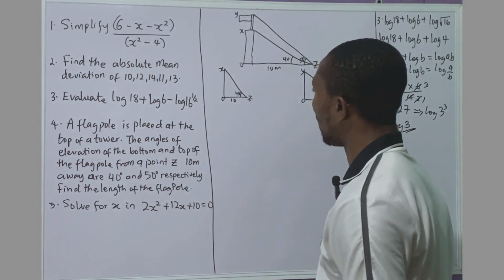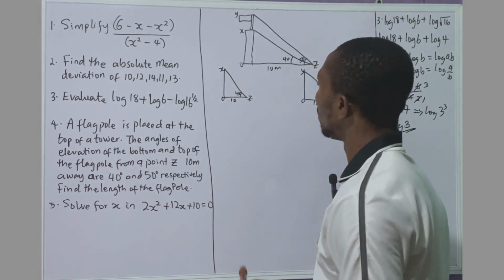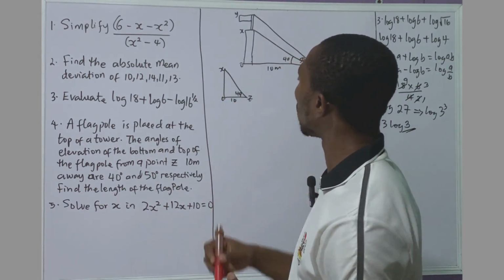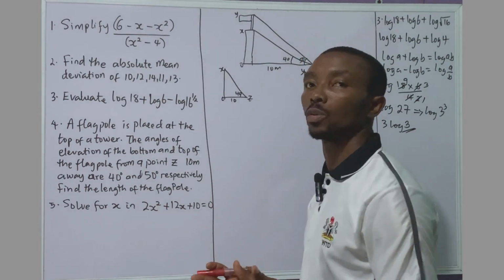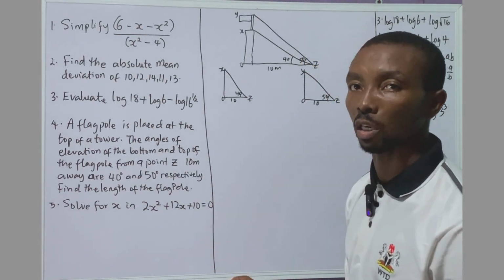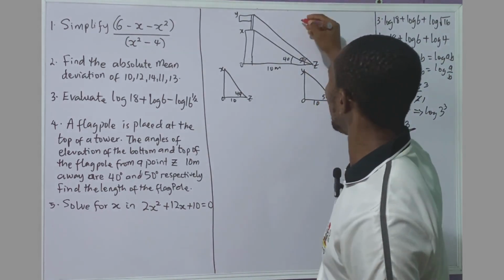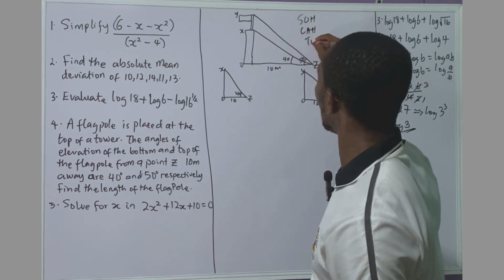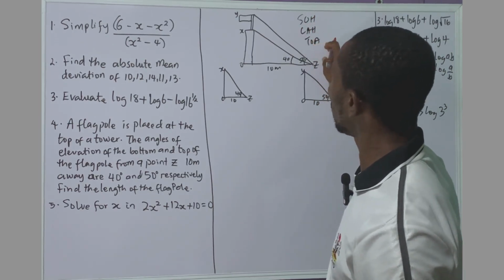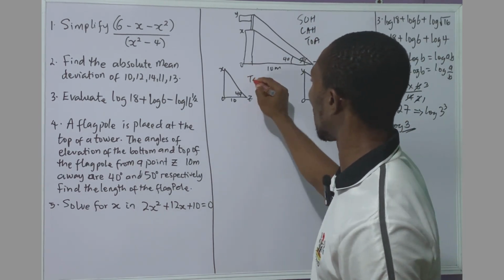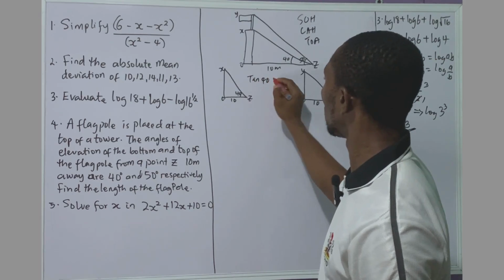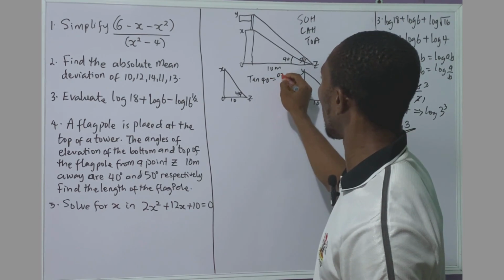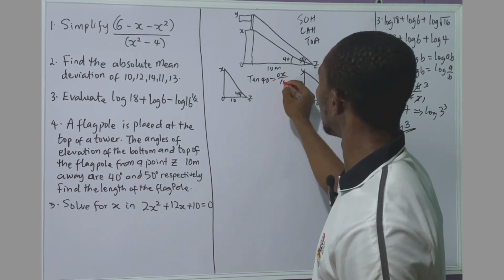So we are going to solve the question. Now, this is an adjacent, so we are looking for opposite. Which of our laws deals with this? Look at SOH CAH TOA, where we have tan, opposite over adjacent. So this will be tan 40 equals opposite, which we are looking for, OX, all over 10.